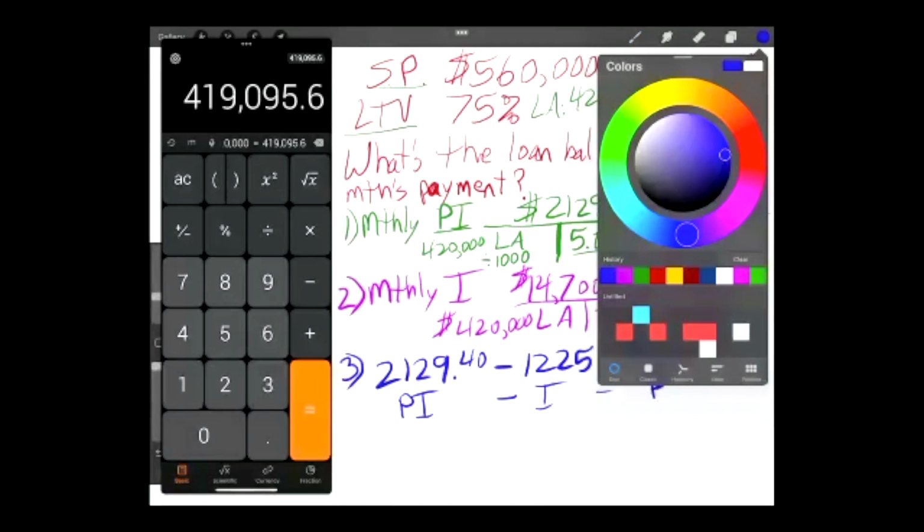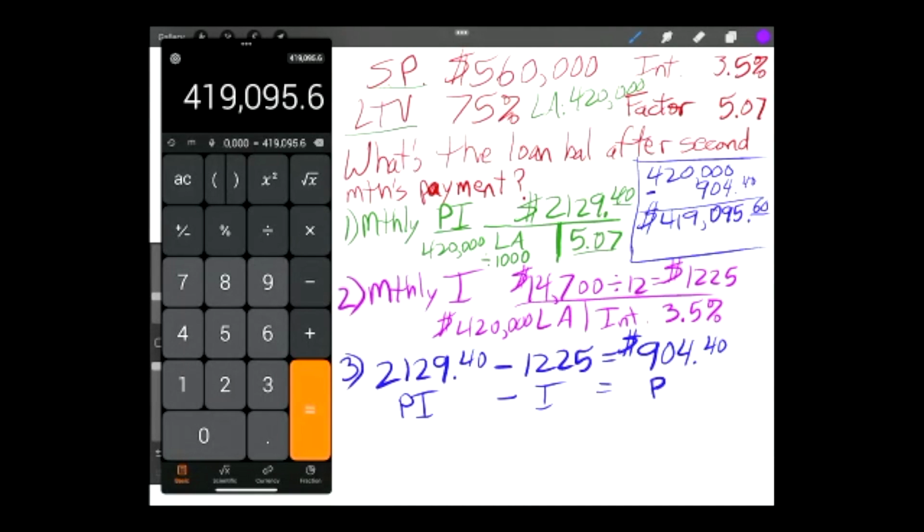Now we need to do the whole thing again. What is it after the second month's payment? Well, we're going to go through and do the same stuff, except now with this 419 figure instead of the 420 figure. So step 4 is going to be to replace this 420 with 419.